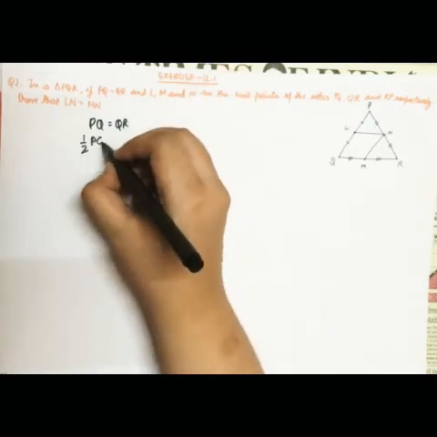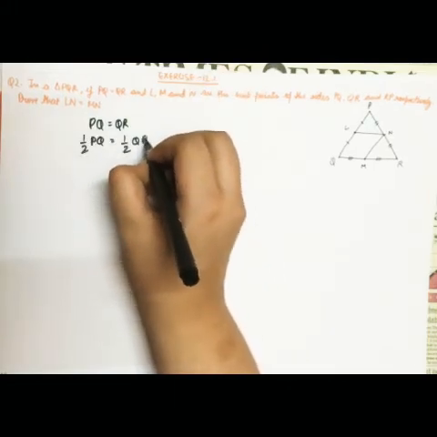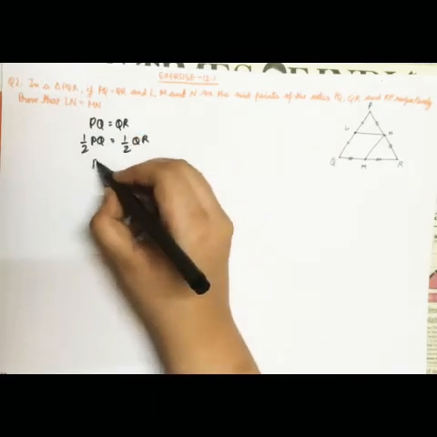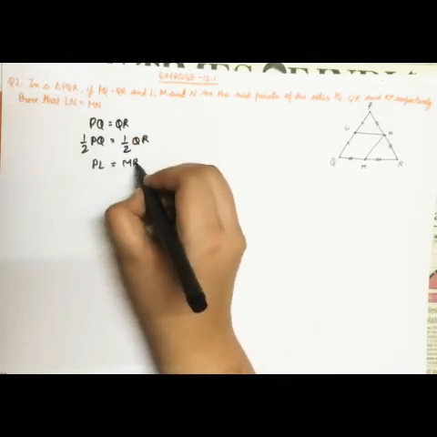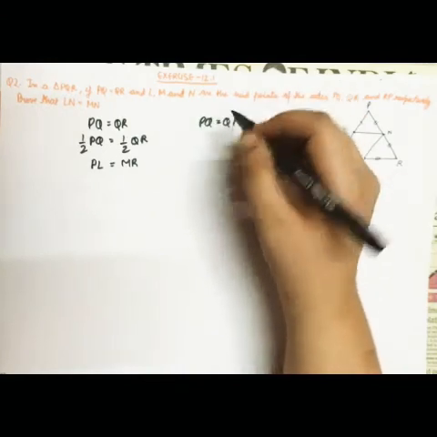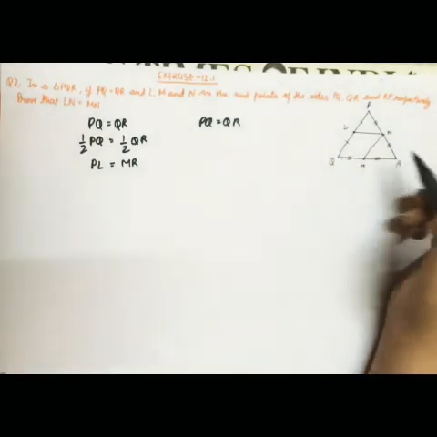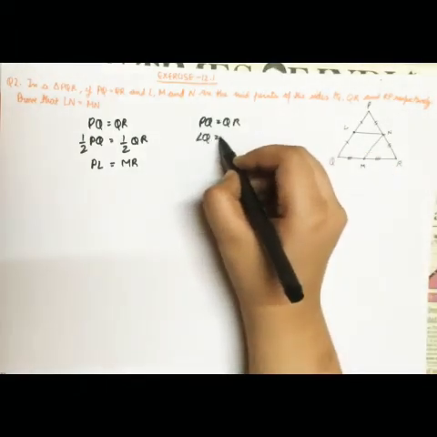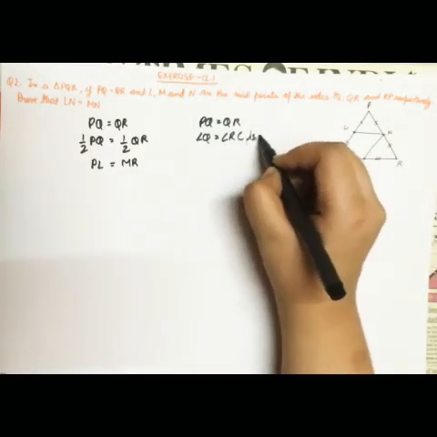So half of PQ will also be equal to half of QR, and half of PQ is PL, so PL is equal to MR. And now PQ is equal to QR, so we can say that angle P is equal to angle R because of the isosceles triangle property.